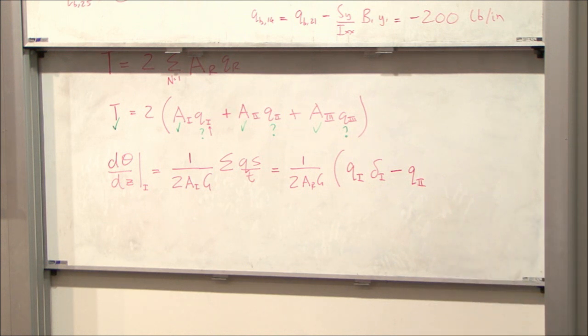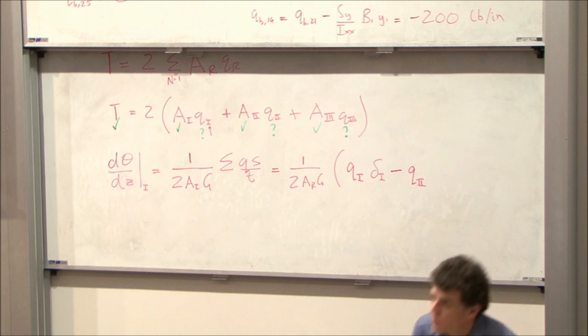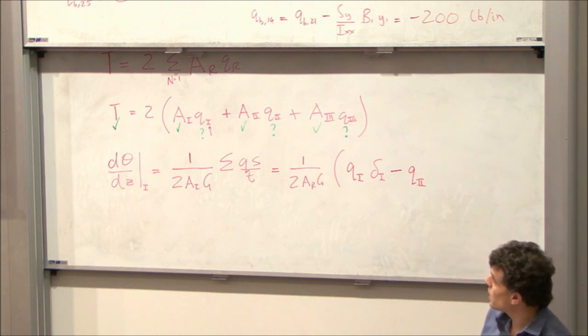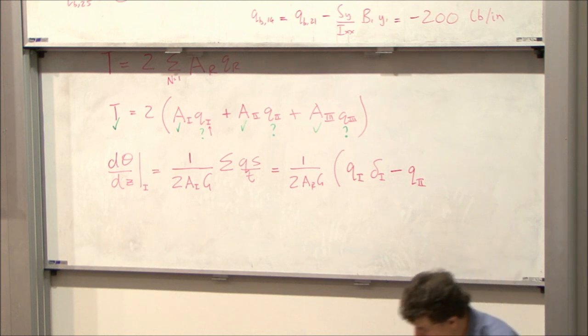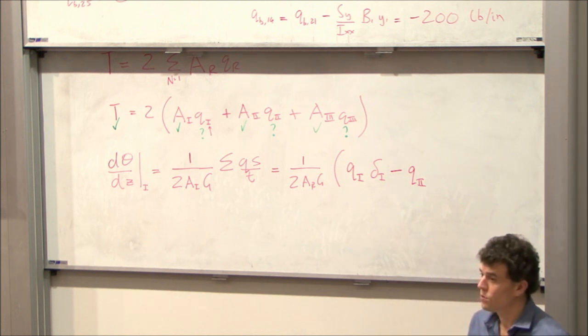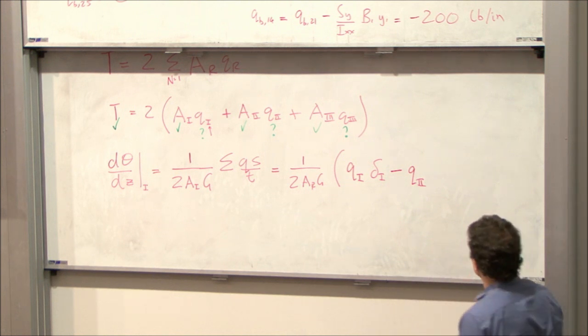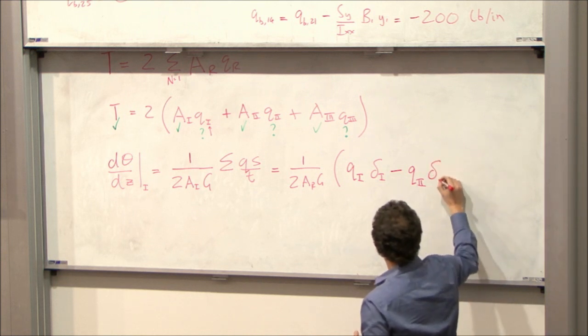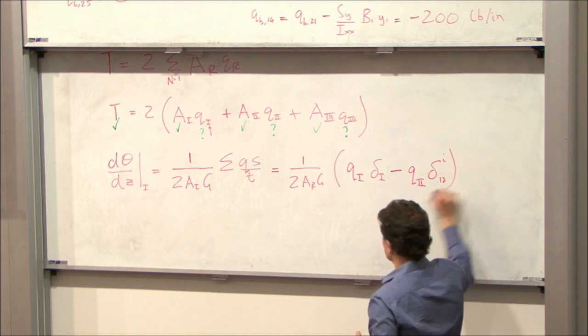Now, delta R plus 1 R is the delta for the wall that's common between R plus 1 and R. So in our case, what's that wall between cell 1 and cell 2? Delta 1, 2 inner.